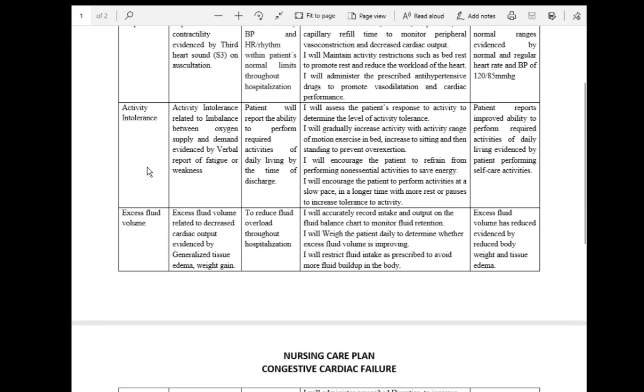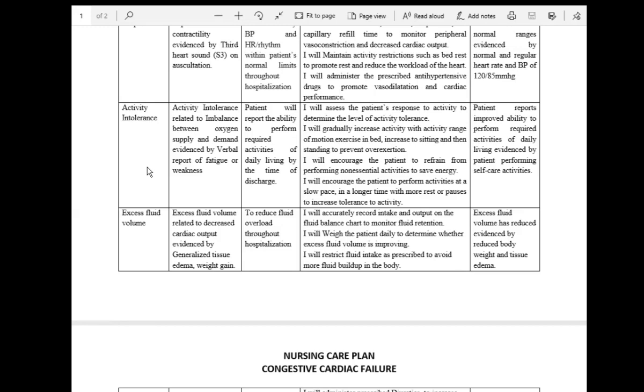Prior to the condition, they might be used to walking at a certain type of pace. So we will tell the patient to do the activity at a slower pace so that they can ease back into doing these activities. Or even take time, rest, do pauses so that they can build that tolerance, they can ease into the activity. So these are some of the interventions that we have put in place to nurse this patient with activity intolerance.